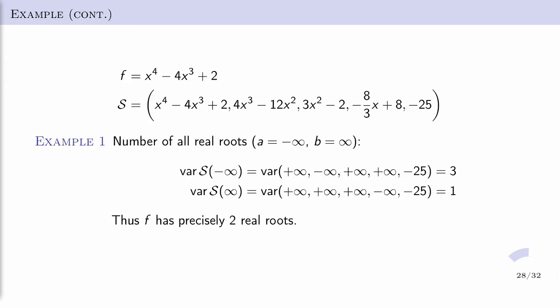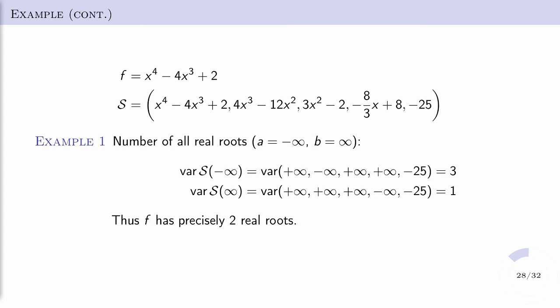This is exactly the same polynomial as in the previous example, so we continue the previous example. We have a polynomial f. We have already computed the Sturm sequence of f, and we want to know how many roots f has on the real line. So we ask how many real roots f has.